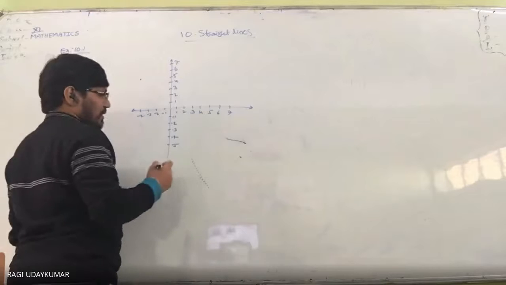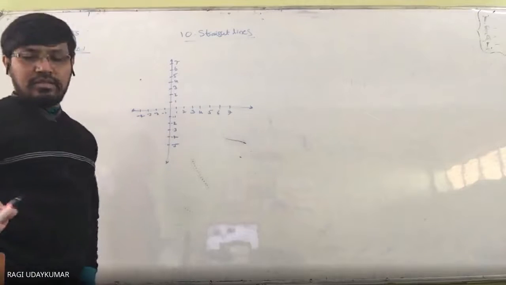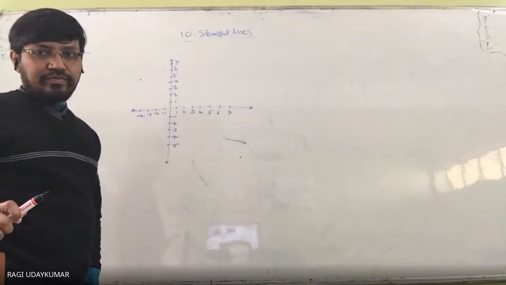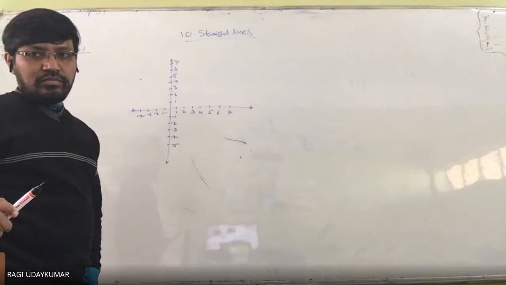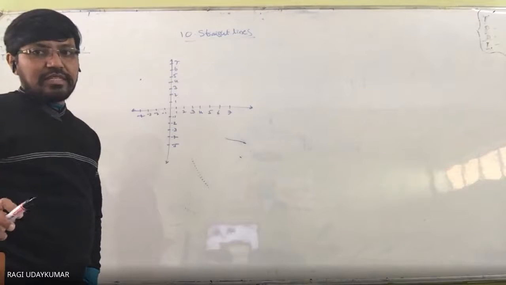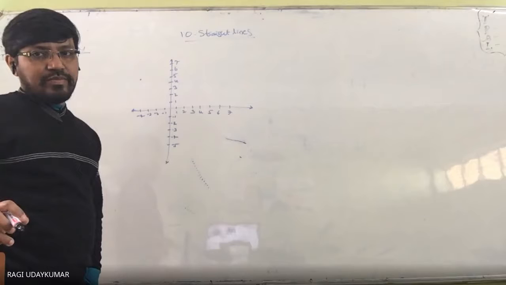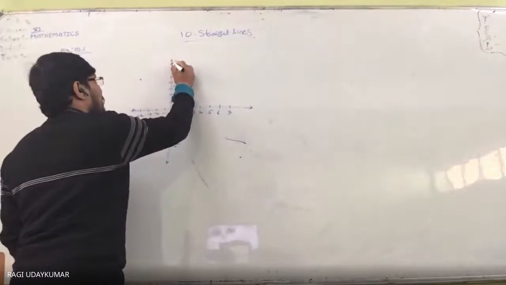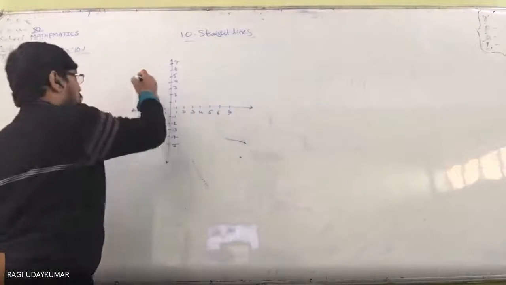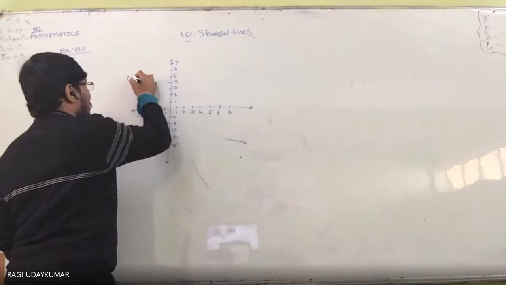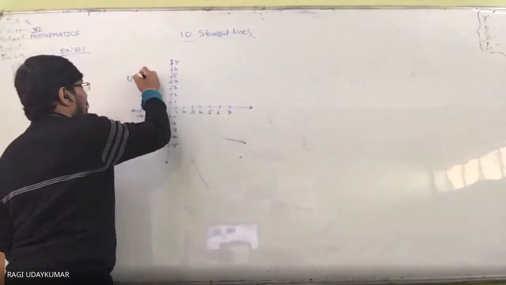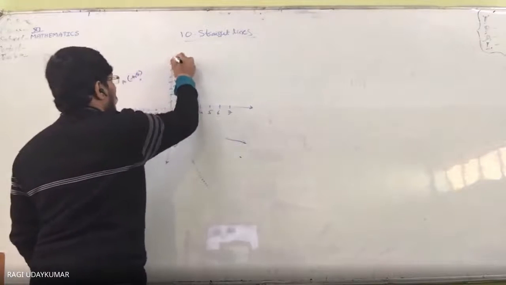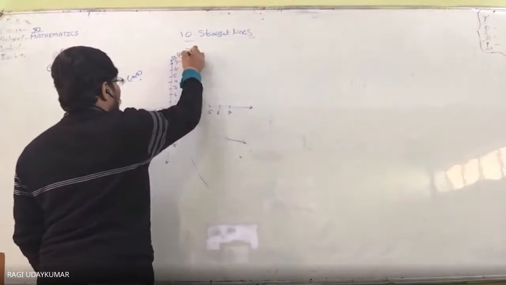And 0 comma 7 is in which quadrant? Sir, on the y-axis. It is not in a quadrant, it is on the y-axis. 0 comma 7 is the point here. Let us mark minus 4 comma 5 as A. This is point B, 0 comma 7.